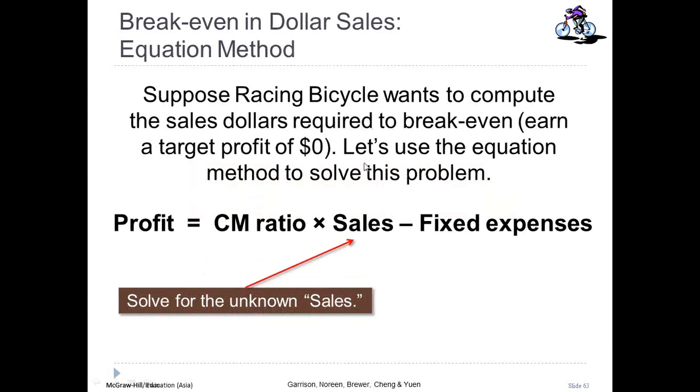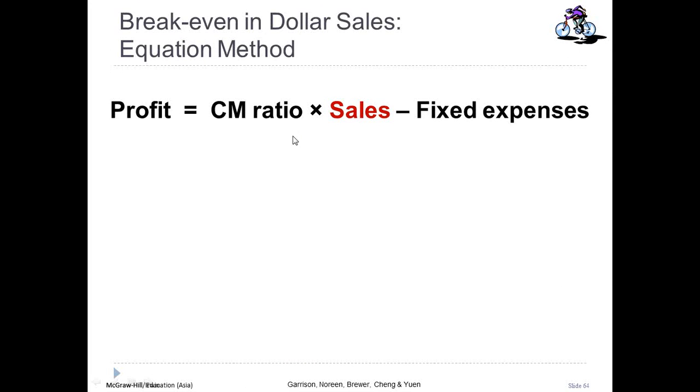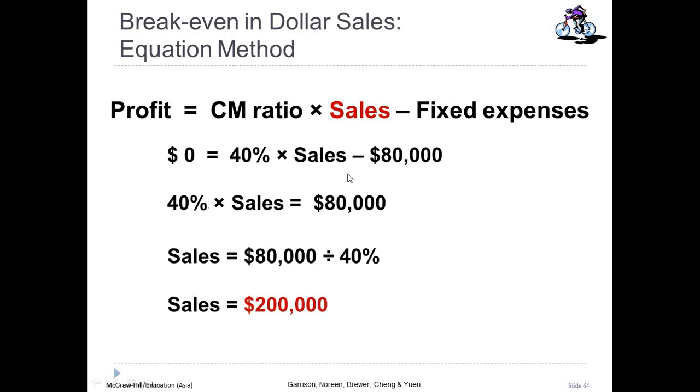Now, what if we want to compute the sales dollars required to achieve break-even? We're solving for sales this time. Contribution margin times sales, profit 0, $80,000 fixed expense, right? 40% times sales equals 80,000, so $200,000 in sales.